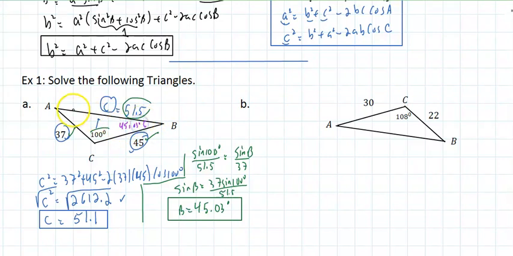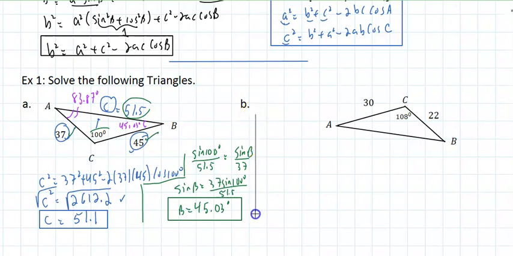That's 180 minus 45.03 minus 51.1, and I'll get this to be 83.87 degrees. And that's pretty much how it works.